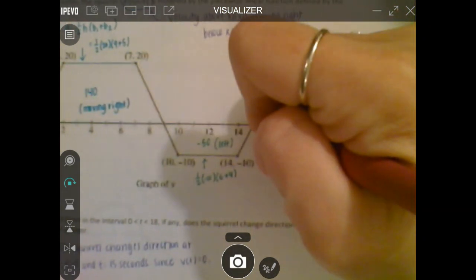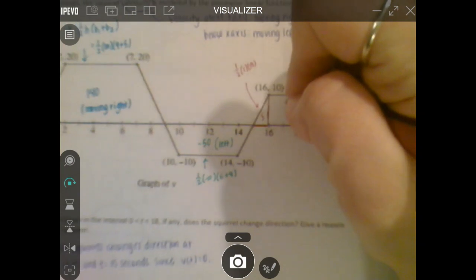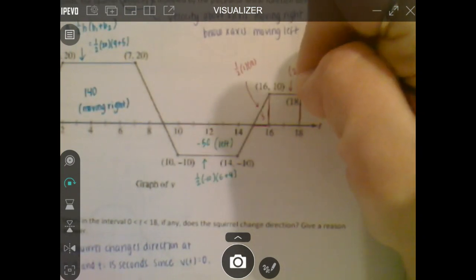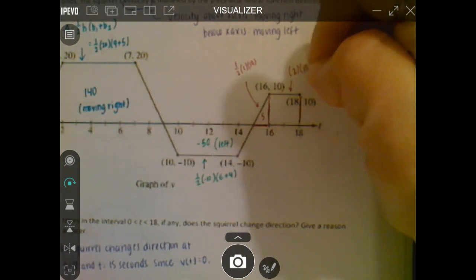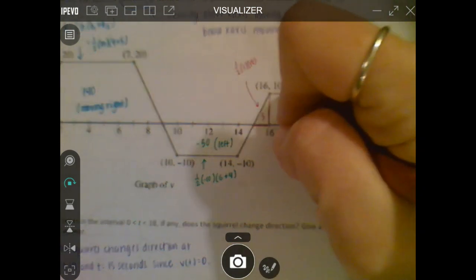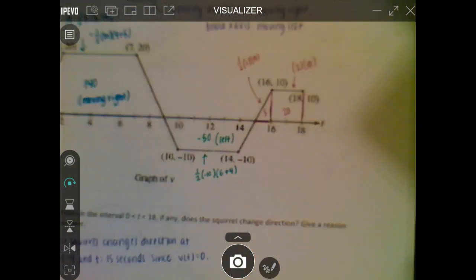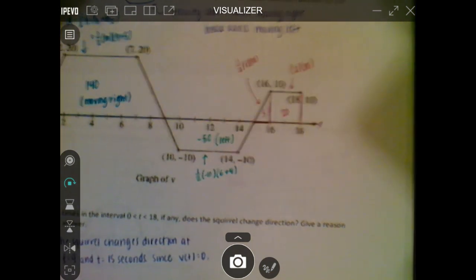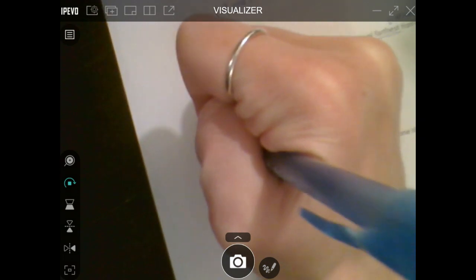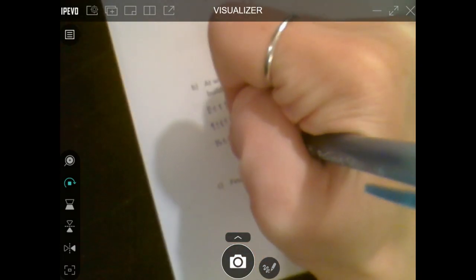So it looks like it's going to be 5. And then my square has a base of 2 and a height of 10. I guess that's not a square then. So that's going to give me 20. So this total area under here would be 25. And that's from 15 to 18. So from 15 to 18, I'm moving 25 units to the right, since if we're above, we're moving to the right.